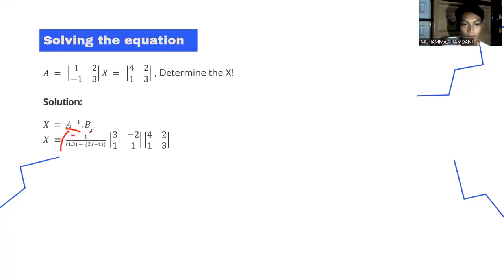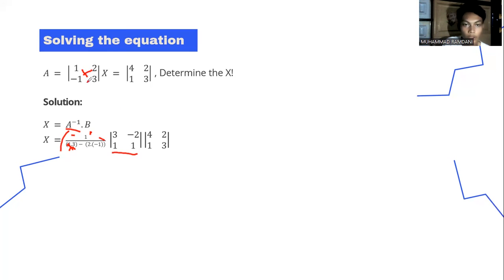First we put 1 divided by 1 times 3 minus 2 times minus 1. This is from the formula: 1 times 3, minus 2 times minus 1.